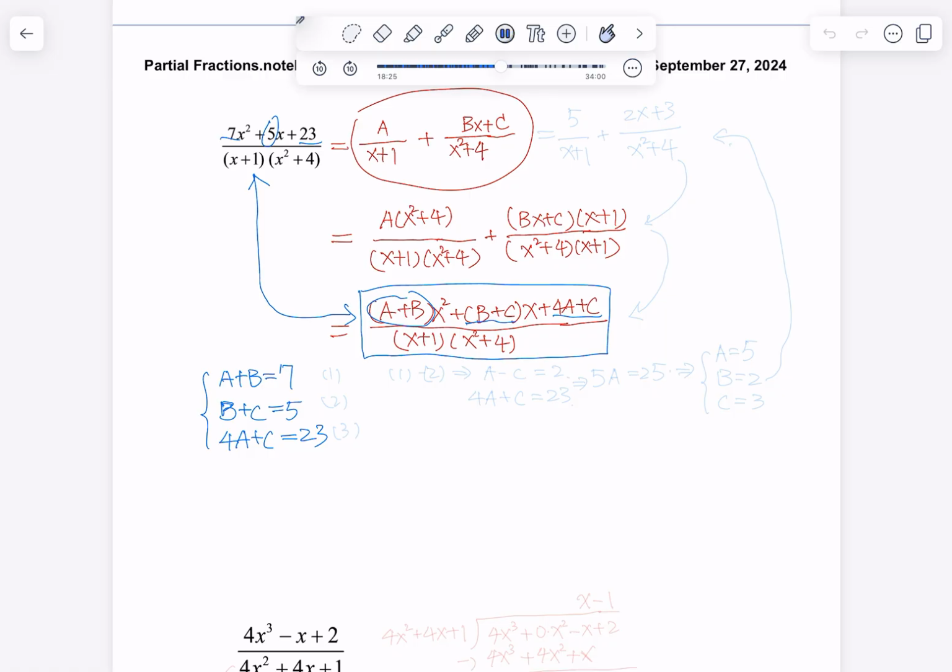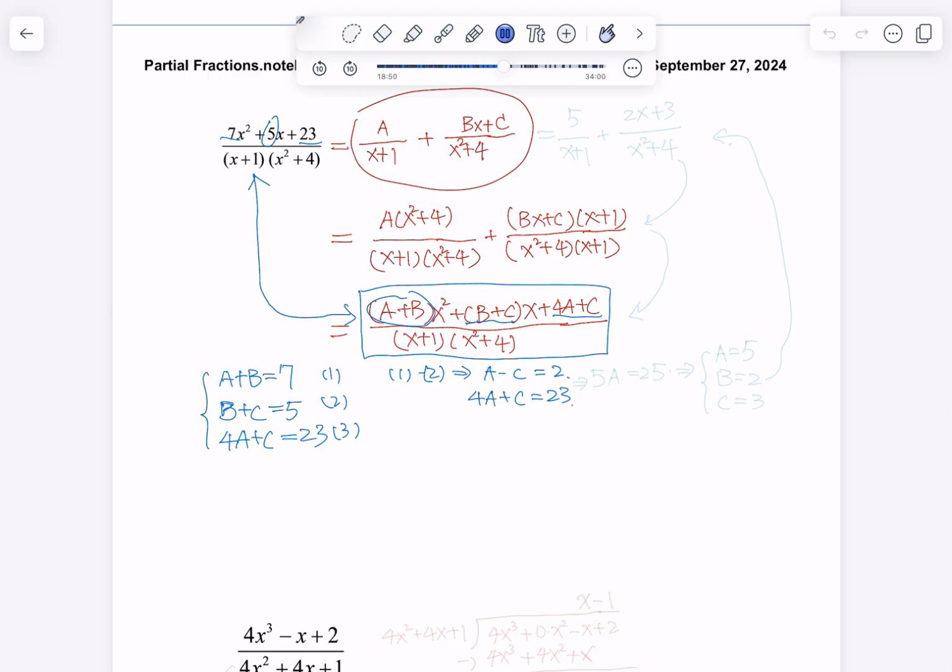How to solve this? Let's mark the equations as 1, 2, 3. Then 1 minus 2, you will get a minus c equals 2. Then you copy equation 3, which is 4a plus c equals 23.